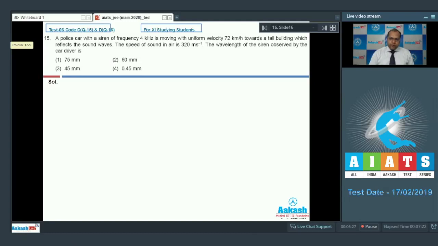So the wavelength of the siren observed by the car driver, lambda dash, is equal to lambda naught minus velocity of car, v into t, where t can be written as lambda naught divided by speed of sound in air.